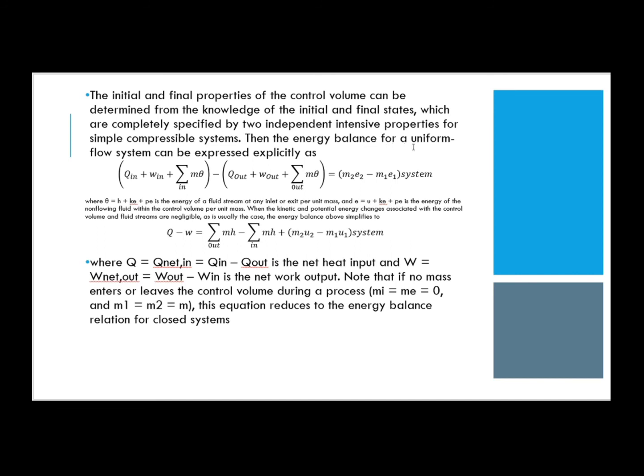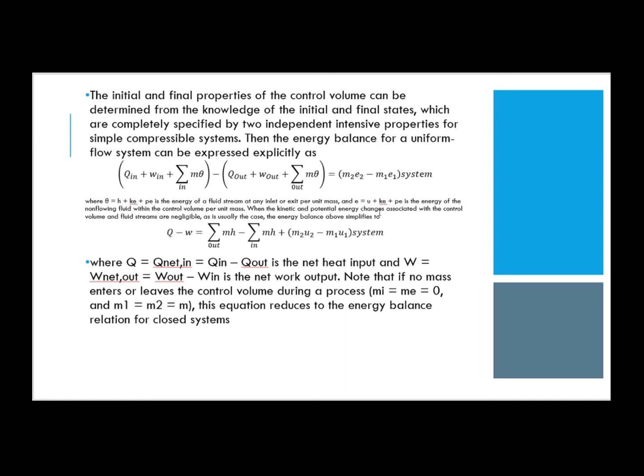Then the energy balance for a uniform flow system can be expressed explicitly as Q in plus W in plus the sum of m theta in, minus Q out, W out, and the sum of m theta out, equals m2 e2 minus m1 e1 for the system, where theta equals h plus ke plus pe is the energy of a fluid stream at any inlet or exit per unit mass, and e equals u plus ke plus pe is the energy of the non-flowing fluid within the control volume per unit mass.